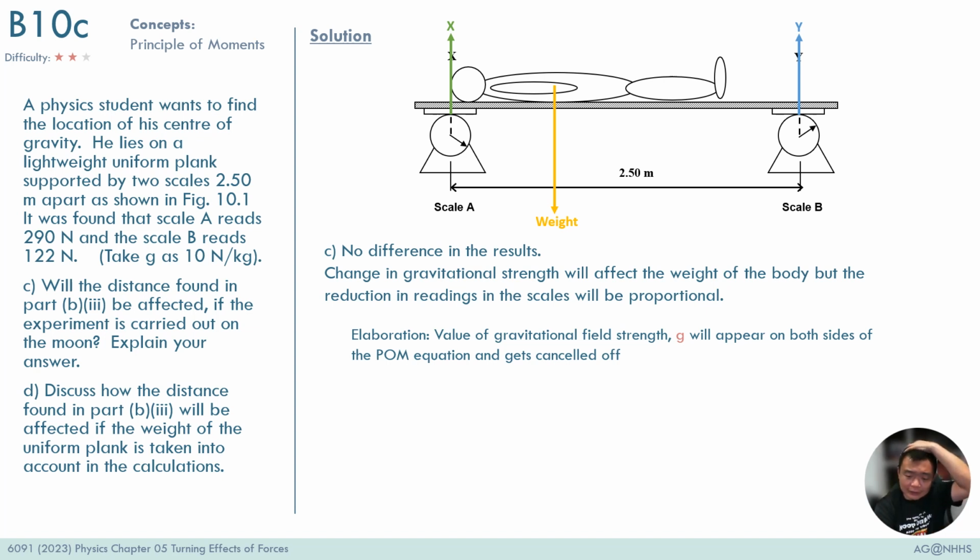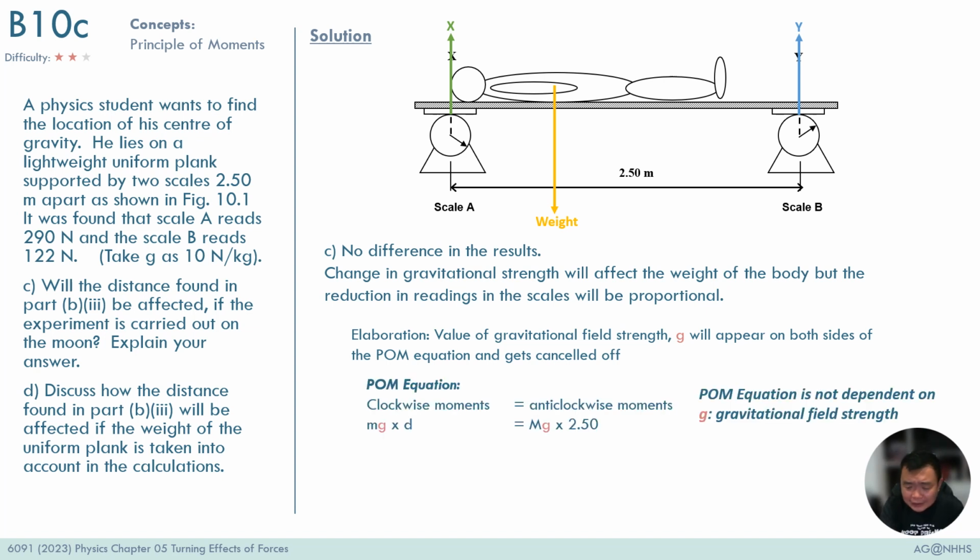I will illustrate using an example that this g value, gravitational field strength, appears on both sides of your POM equation, and therefore mathematically you can factorize it out and cancel it away by dividing the whole equation by g.